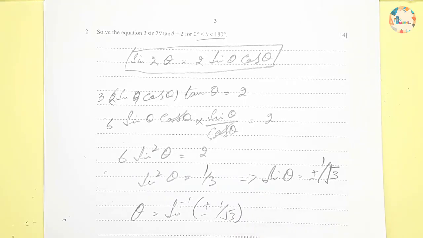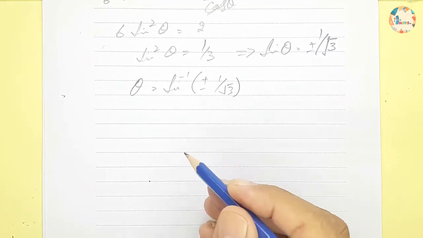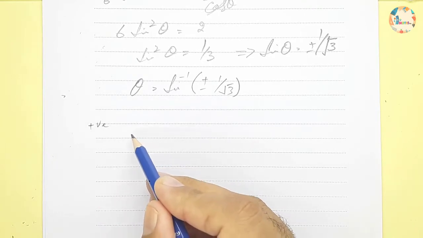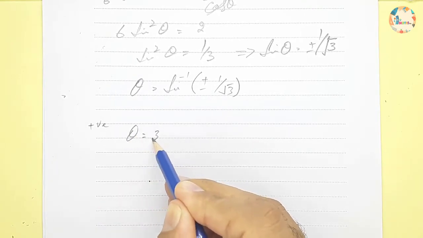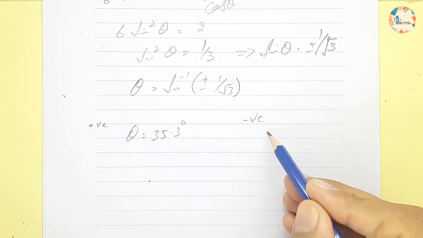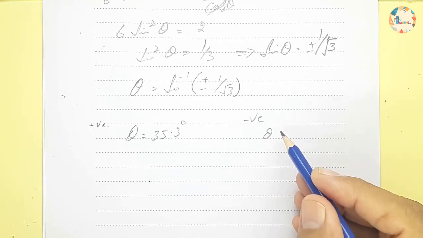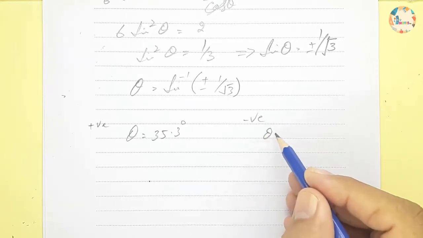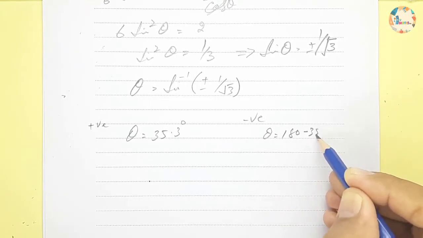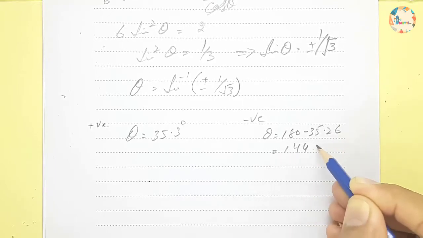And now we can take the positive and negative values separately. If we take the positive value, it will give us theta is equal to 35.3 degrees, and if we consider the negative value, it will give us theta is equal to 180 minus 35.26, and this will be equal to 144.7.